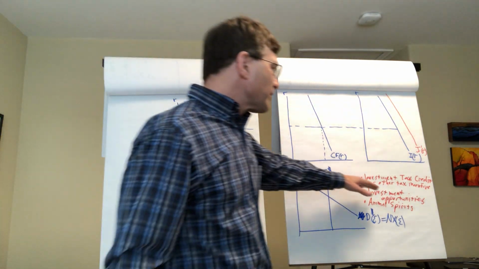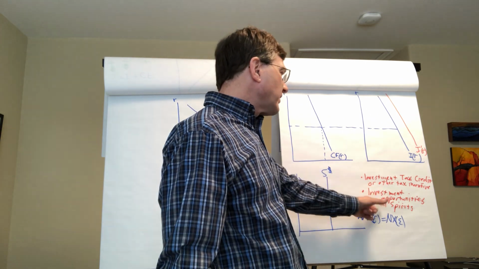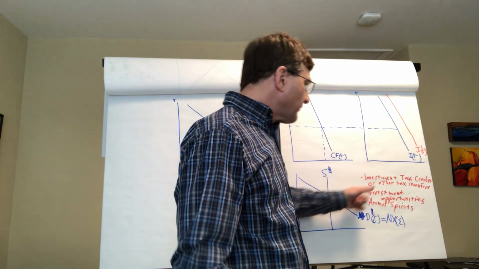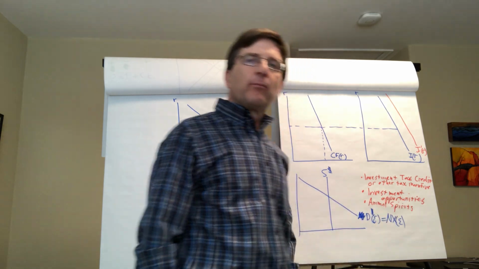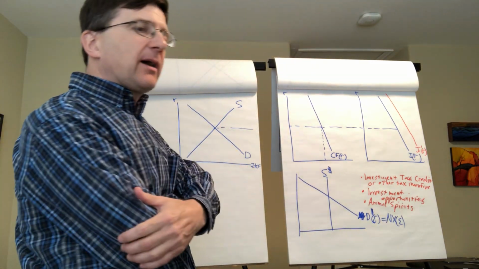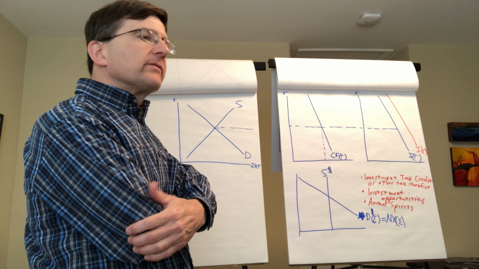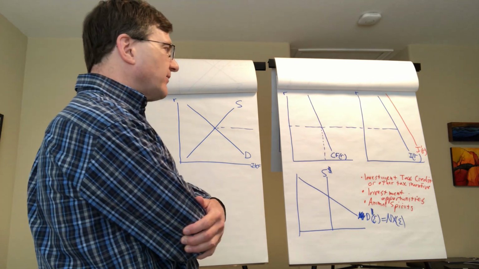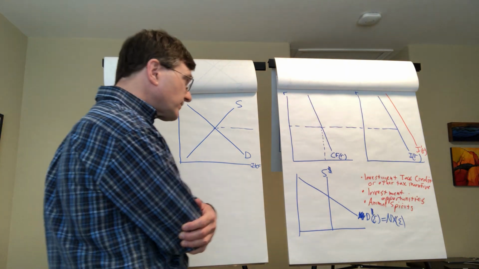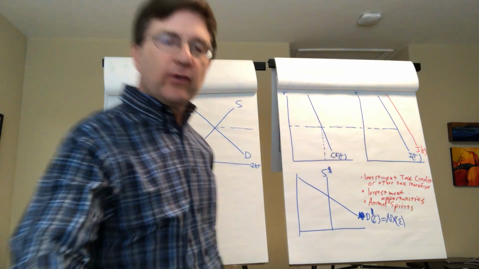So I could have just said perceived investment opportunities, but I've broken it out into genuine investment opportunities and extra investment opportunities or extra illusions of great investment opportunities. Okay, so now let's see what happens.